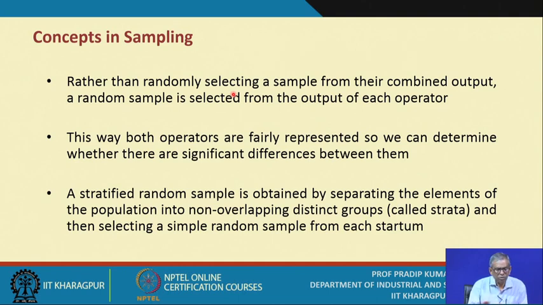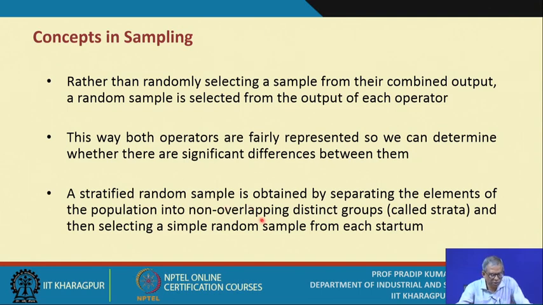Rather than randomly selecting a sample from their combined output, a random sample is selected from the output of each operator. This way, both operators are fairly represented, so we can determine whether there are significant differences between them. Is it okay? Whatever the quality characteristics you are referring to.